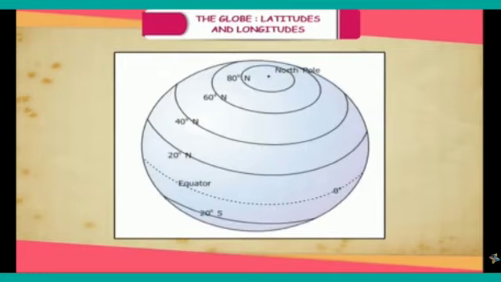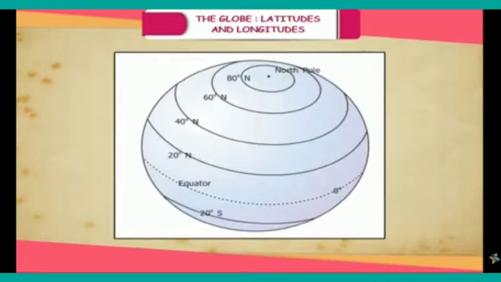All parallel circles from the equator up to the poles are called the parallels of latitude. And all these latitudes are measured in degrees.